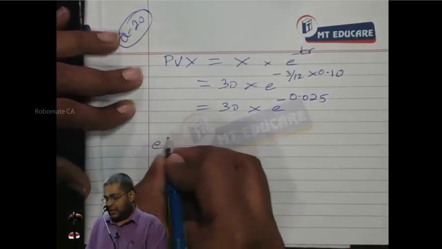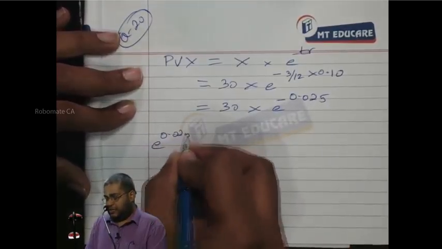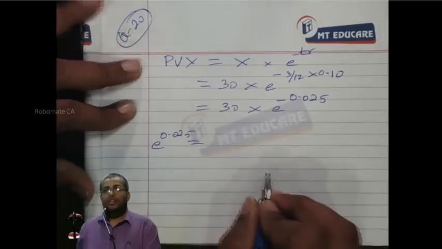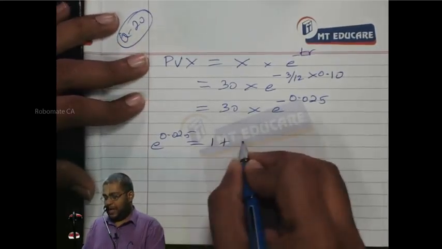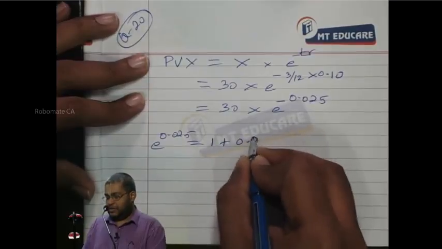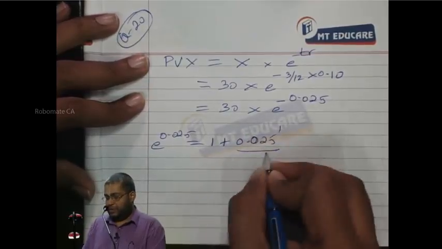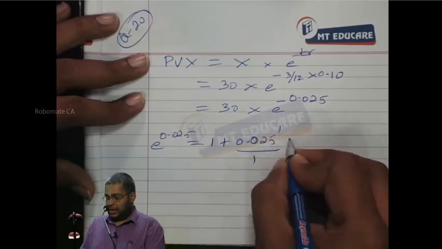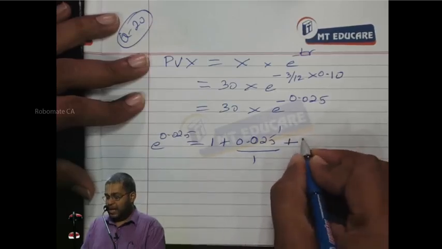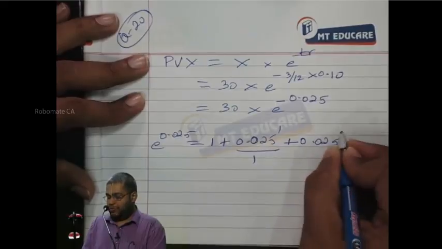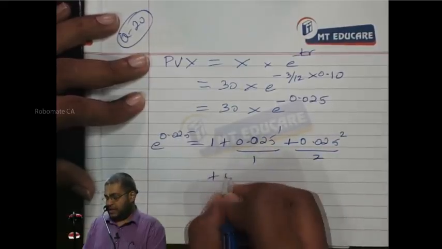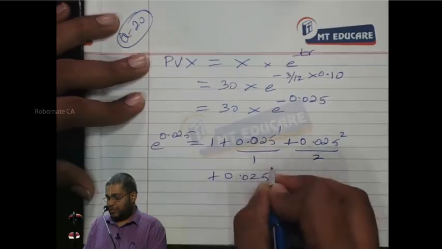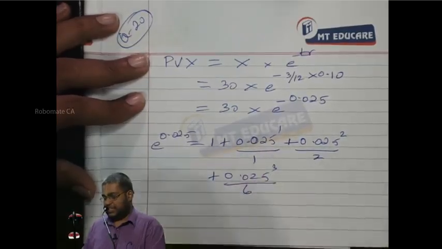Now let's calculate e power 0.025. The formula is 1 plus 0.025 by 1, plus 0.025 square divided by 2, plus 0.025 cube divided by 6.